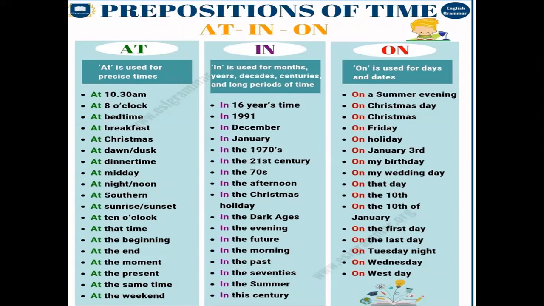Like I get up at 5 o'clock. Then he sleeps at midnight. It is very hot at noon. So at noon, at midnight, at 5 o'clock are points which are definite. You cannot change them. They are points of time.